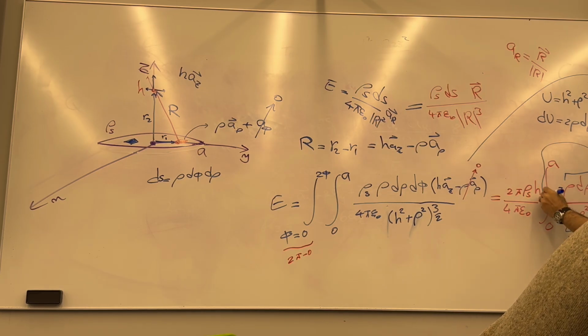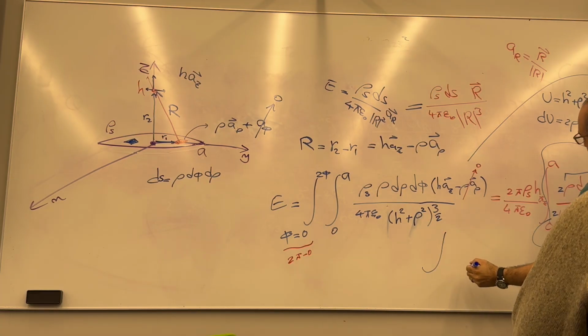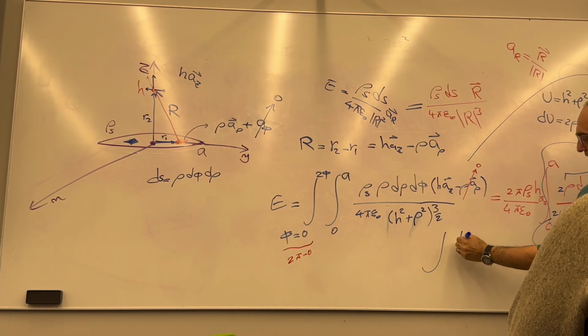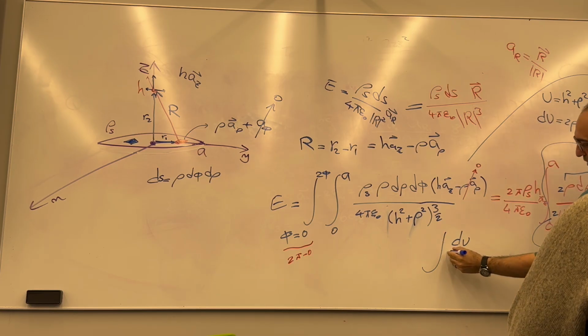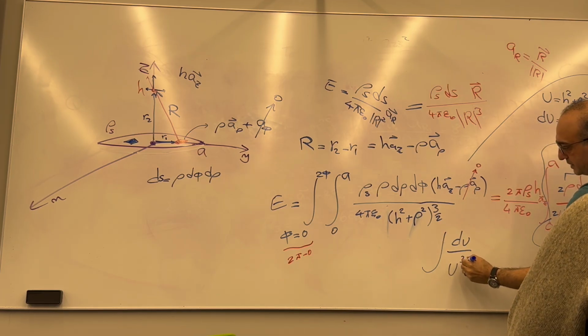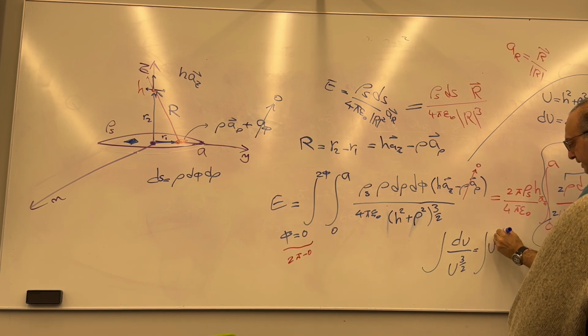Then my integral is going to be the integral of du over u to the power of 3 over 2, which is the integral of u to the minus 3 over 2 du.